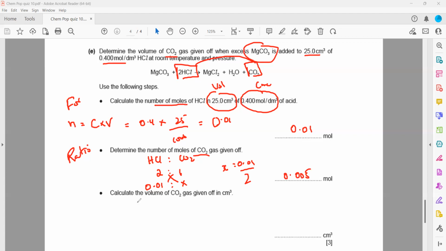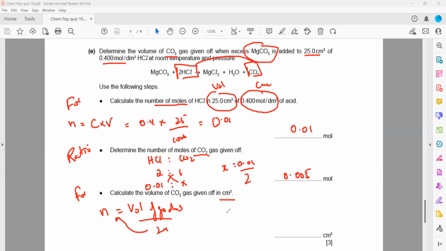Then calculate the volume of gas given off in cm³. So we have the formula: moles equal volume of the gas in dm³ divided by 24. 24 is divided, so on the other side it will be multiplied.